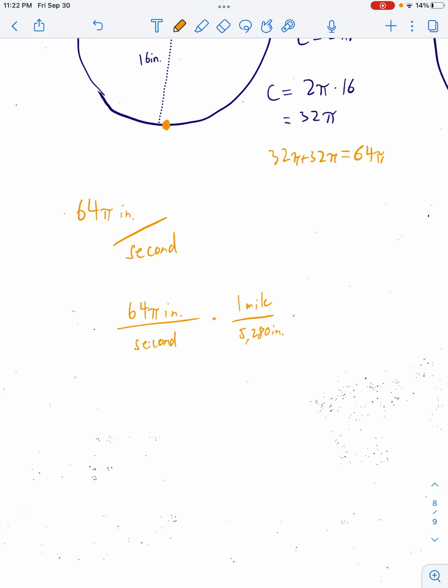For that, we're going to multiply by, there's 60 seconds in 1 minute. We need to go from seconds to minutes before we go from seconds to hours. Seconds to minutes. And I put these seconds in the numerator because I need them to cancel with the seconds in the denominator.